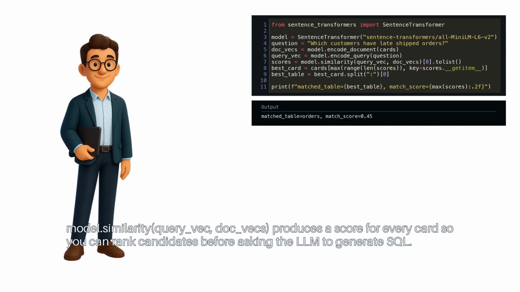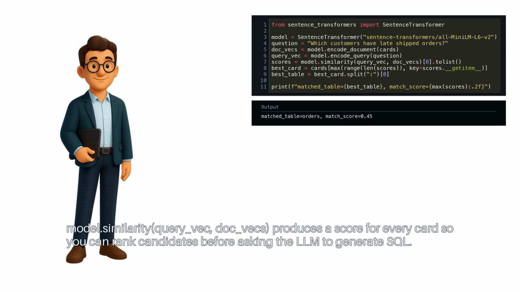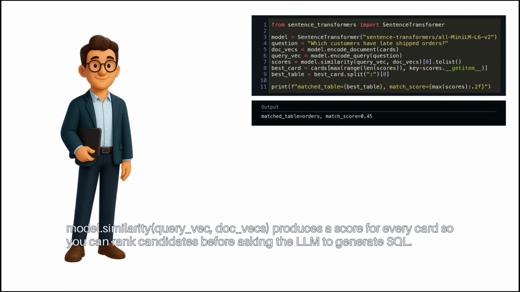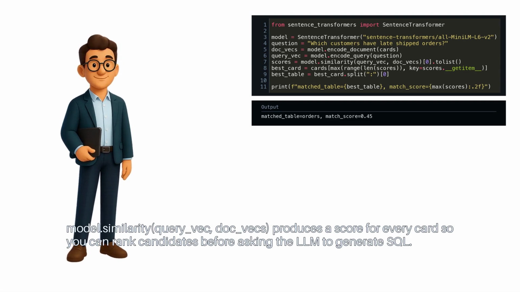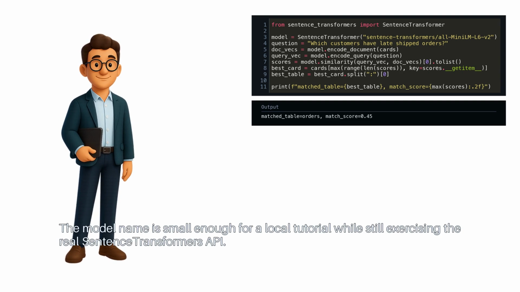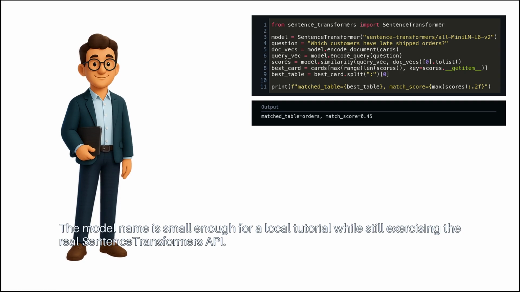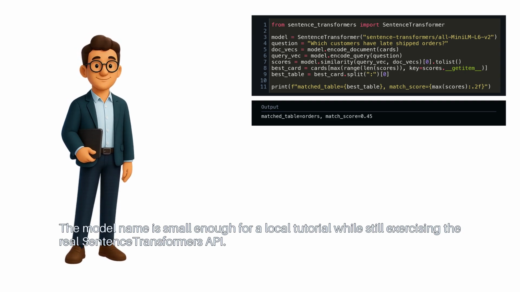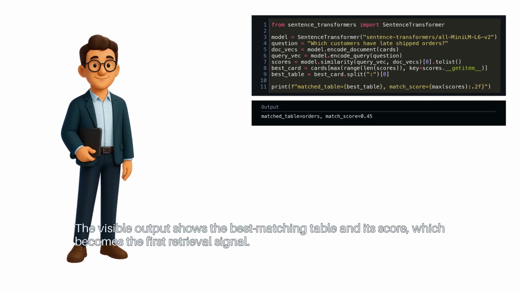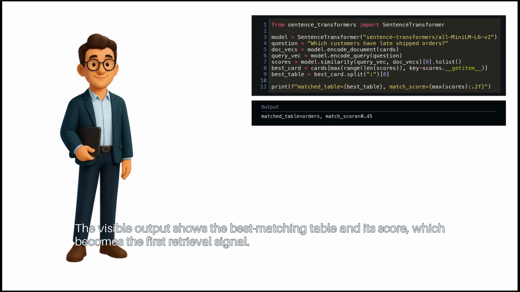And model.similarity of query_vec and doc_vecs produces a score for every card, so you can rank candidates before asking the LLM to generate SQL. The model name is small enough for a local tutorial, while still exercising the real SentenceTransformers API. The visible output shows the best matching table and its score, which becomes the first retrieval signal.